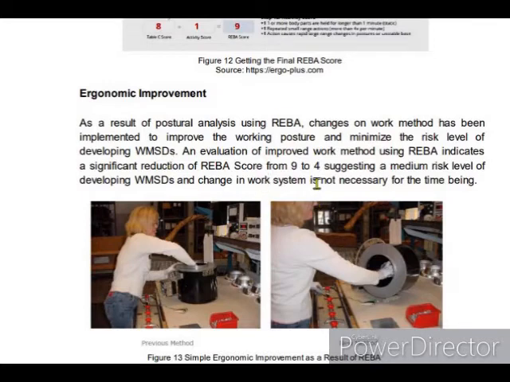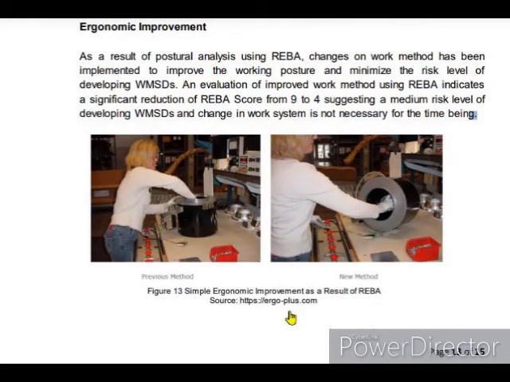An evaluation of improved work method using REBA indicates a significant reduction of REBA score from 9 to 4, suggesting a medium risk level of developing a WMSD and change in work system is not necessary for the time being. Okay, so nag-improve lang. Kaya so simple ergonomic improvement as a result of REBA. Okay, simple ergonomic improvement. Pansin nyo, nakatilt na lang yung ginagawa niya.